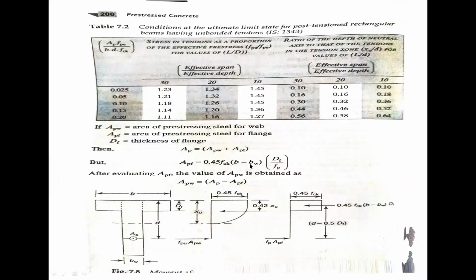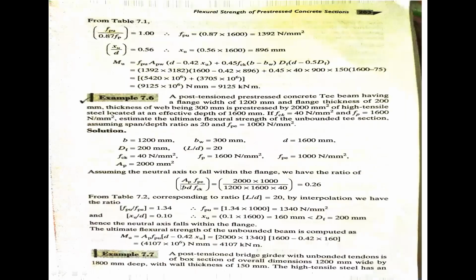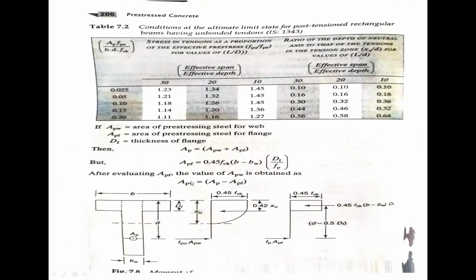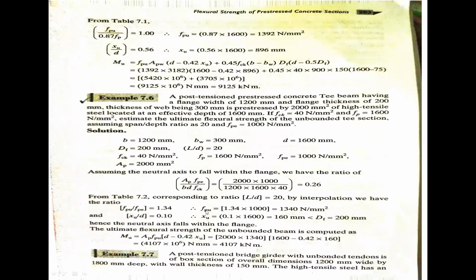Okay, now how to use the formula, the depth of neutral axis assumed within the flange. You have the ratio AP FP by B D FCK, the formula gives 0.26. As per table 7.2, the corresponding ratio for L by D of 20, by interpolation, we get the ratio. You have to get the ratio by interpolation from table 7.2. Okay, we got the value from table 7.2 of IS 1343, 2012.